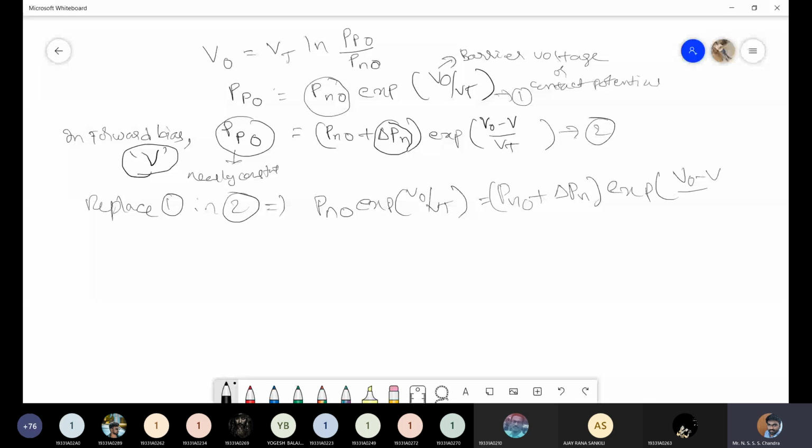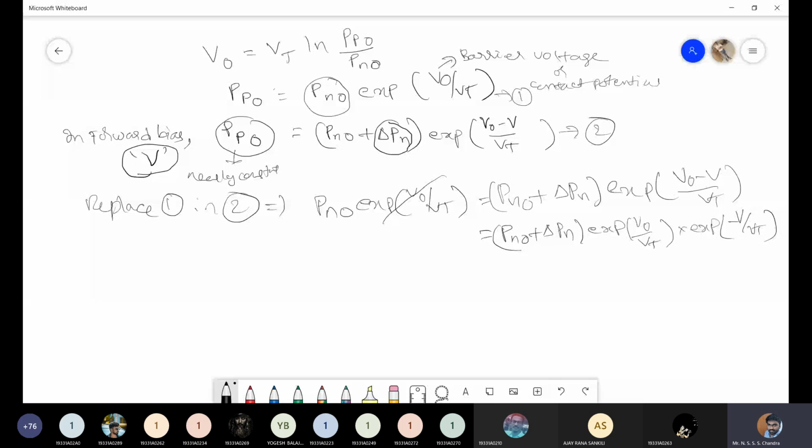Now I have to rewrite this exponential. The exponential has two terms, V naught by Vt and minus V by Vt. So I will write Pn naught plus delta Pn into exponential of V naught by Vt into exponential of minus V by Vt. Now on the left hand side you have a term exponential of V naught by Vt, and on the right hand side also you have exponential of V naught by Vt.